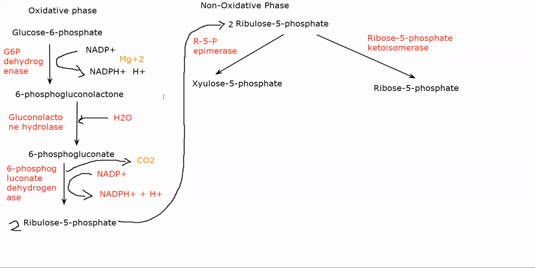I'm basically taking two molecules of 5 carbons and changing each of them. I take the first molecule of ribulose 5-phosphate and your body subjects it to R5P epimerase, ribulose 5-phosphate epimerase, where you get xylulose 5-phosphate, and it will subject the other ribulose 5-phosphate molecule to ribose 5-phosphate ketoisomerase, wherein you get a ribose 5-phosphate molecule.